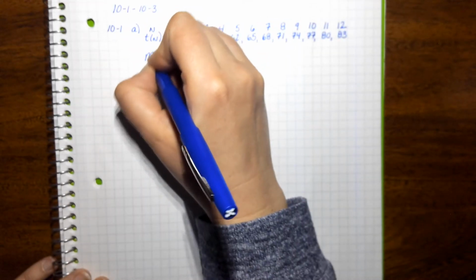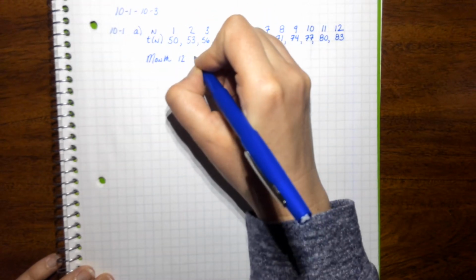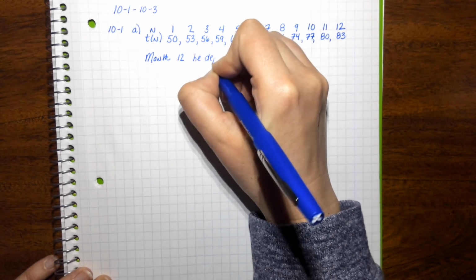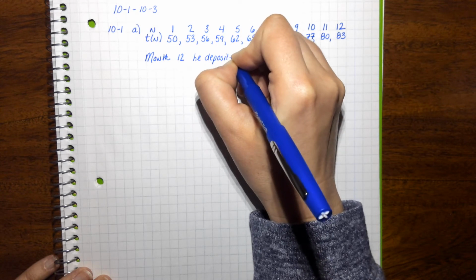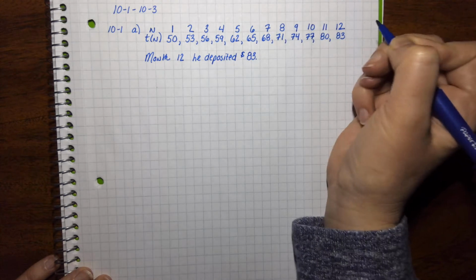It specifically said write it as a sequence, so I am putting the commas between. So month 12, he deposited $83.